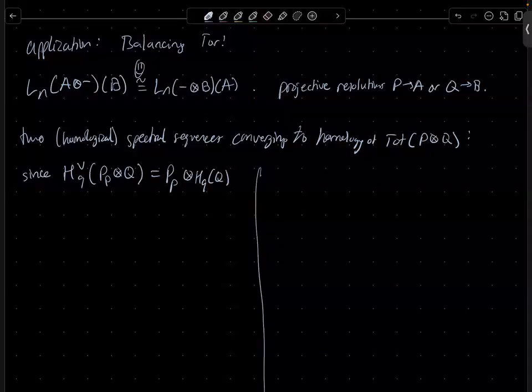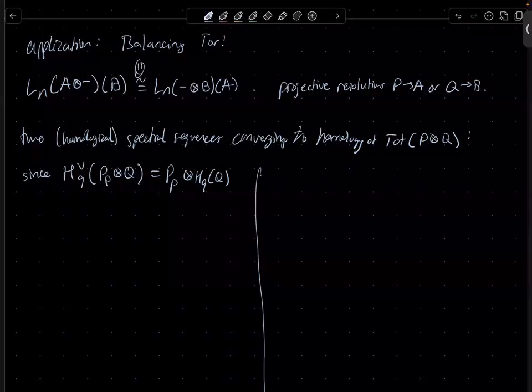I didn't prove this result, but it's true. Each of the P's is projective, and tensor product is exact with projectives. So the result is that exact functors commute with homology. You have to prove that. It's not that bad, but you need to use a weird trick that I did not explain, so I'm not going to explain it, but it is true. So you can commute the functors around.